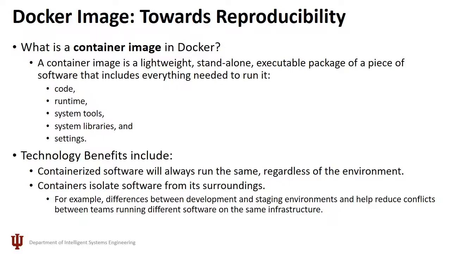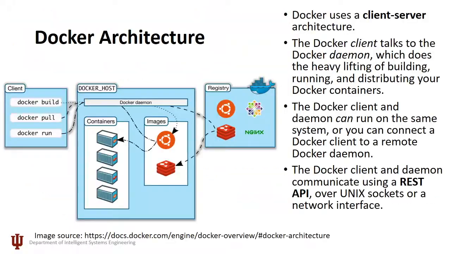It doesn't include the underlying operating system, but just how you access features from that underlying operating system. The technology benefits include that the containerized software will always run the same regardless of the environment you are in, because the containers are isolating the software from its surroundings.